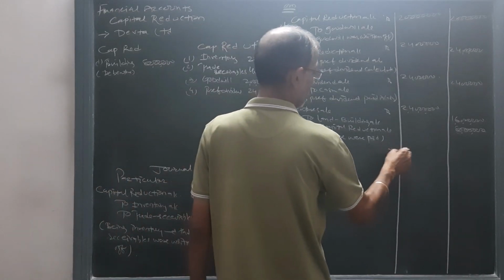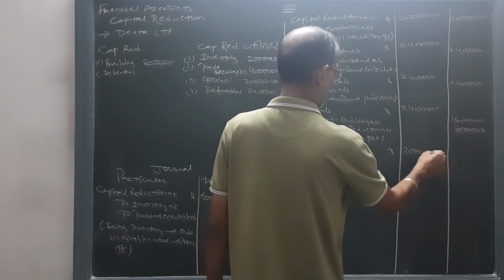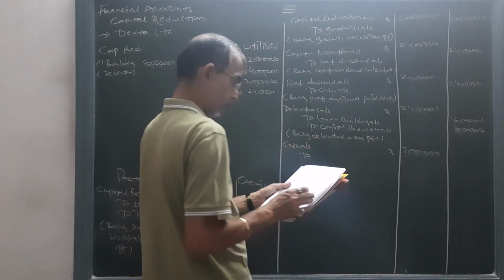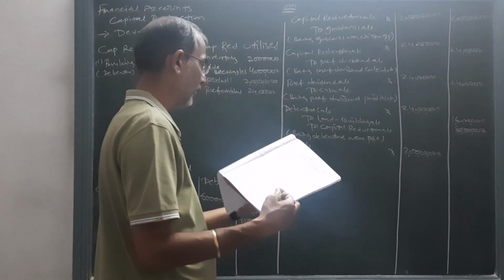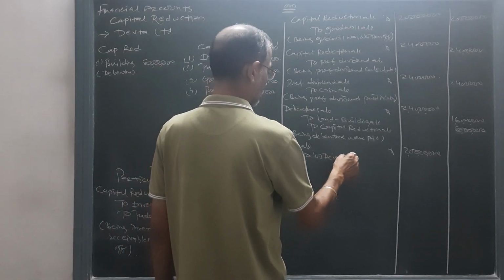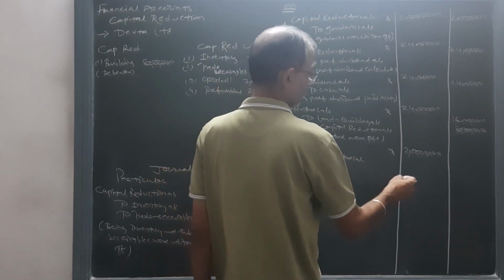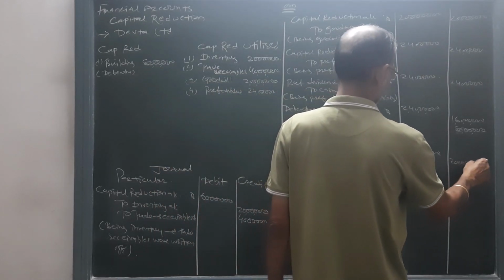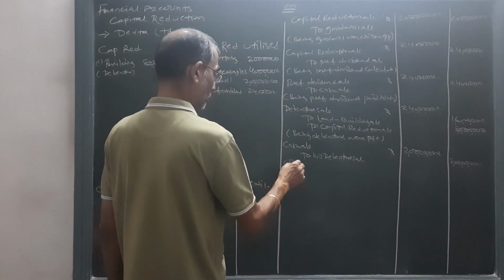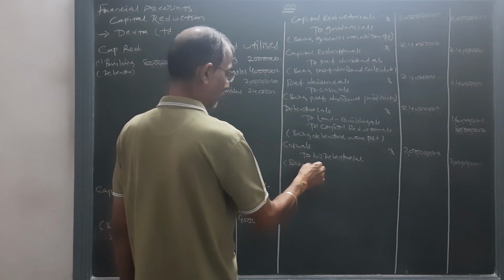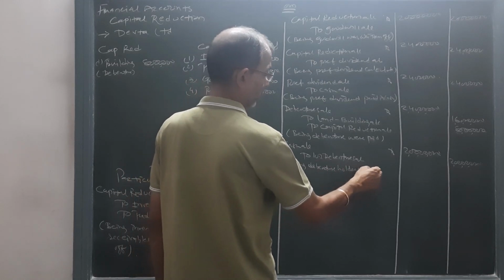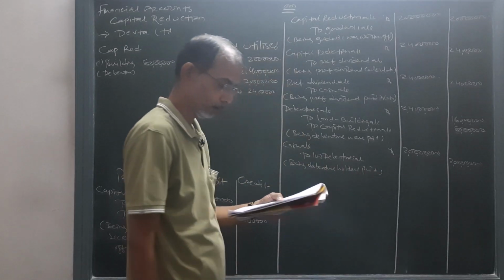Then they are providing 2 crore, so cash account debit 2 crore to 10% debentures, being debenture holders paid.